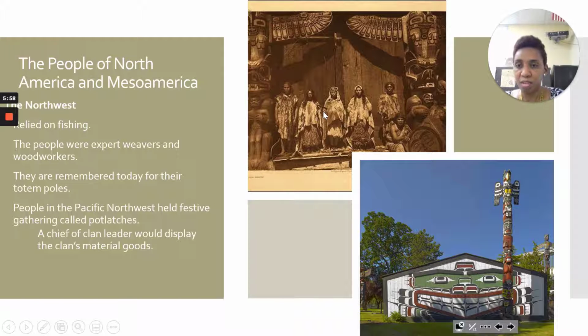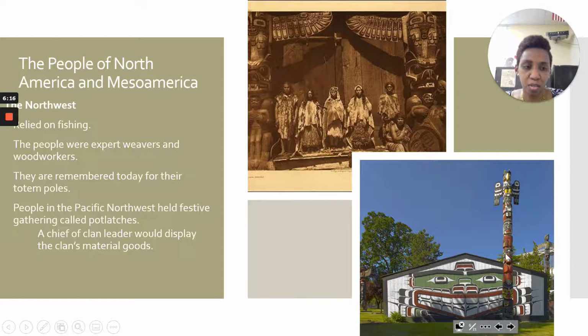This is the people of the Northwest, and this is your question number 3. The people of the Northwest are particularly remembered today for totem poles.